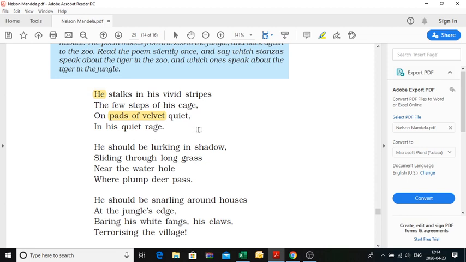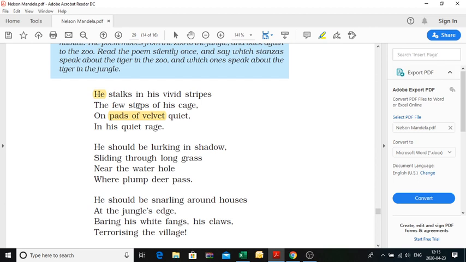He is showing his rage as well. He is walking a few steps with his vivid stripes. Still he is walking proudly. So we all know, beta, that tigers walk in pride, okay? There is grace in their walk. So here, though he is inside the cage, even then he walks a few steps on those velvet pads inside it, okay? He is moving here and there in the cage, right? Okay, move to the second stanza.